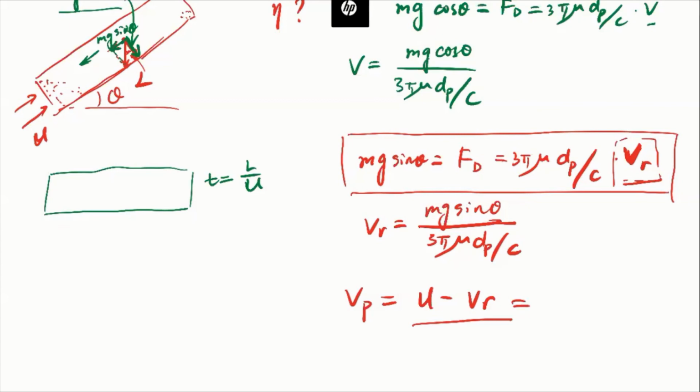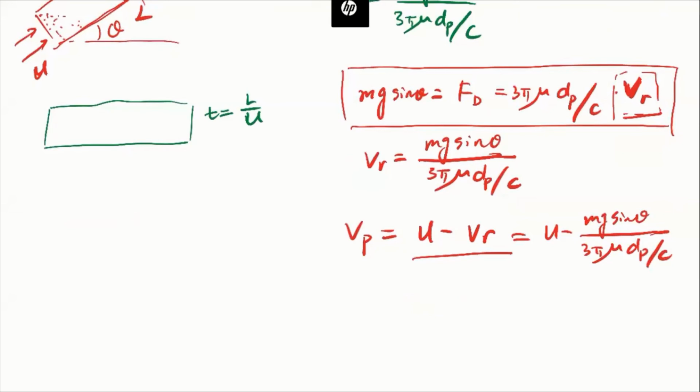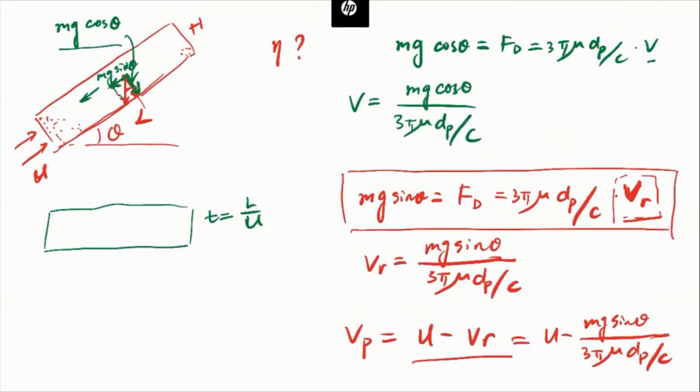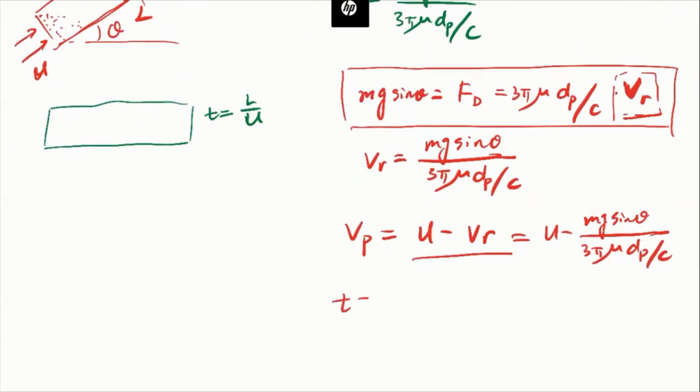So that's going to be U minus mg sine theta divided by 3 pi mu dp divided by c. Okay, so with this actual particle velocity, we can calculate the time the particles spend in this tilted duct. So time is just L divided by Vp, which is L divided by U minus mg sine theta divided by 3 pi mu dp divided by c.